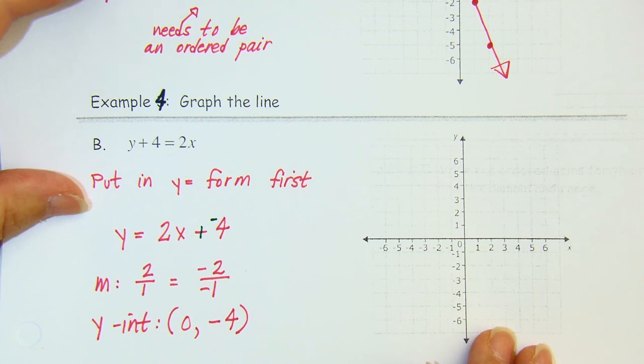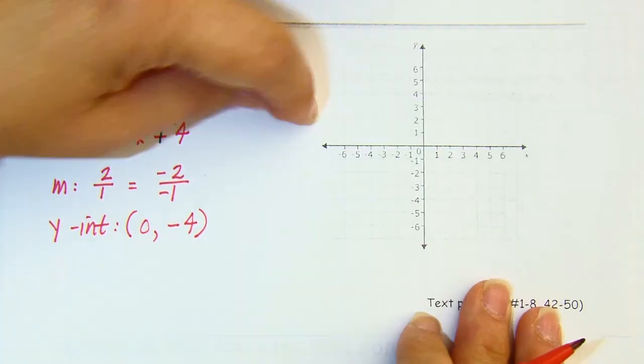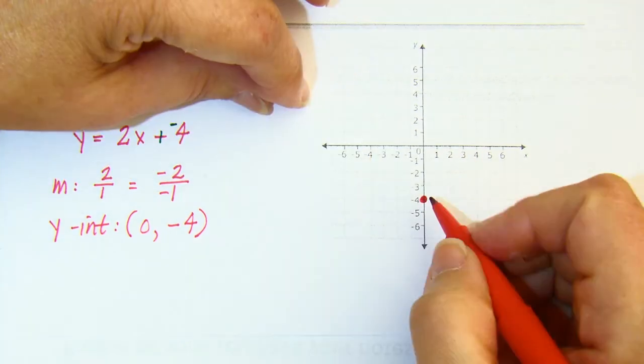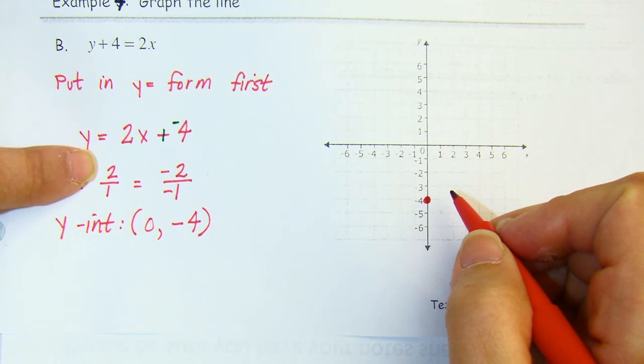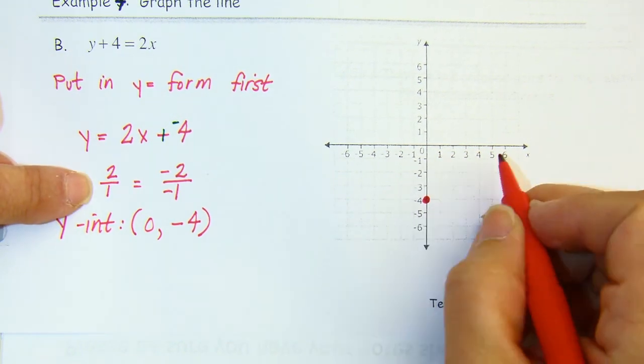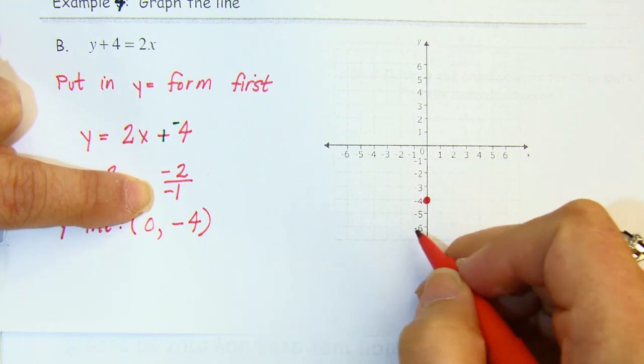Okay, now I'm going to take the information I have, go to my coordinate plane, and graph it. So x is 0, y is -4. I'm going to use my slope of 2: this is positive over positive, so I'm going to go up and to the right in the positive directions, or I'm going to go down and left in the negative directions.